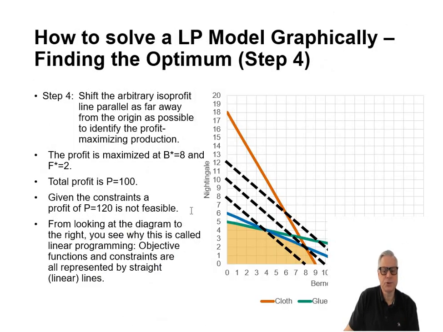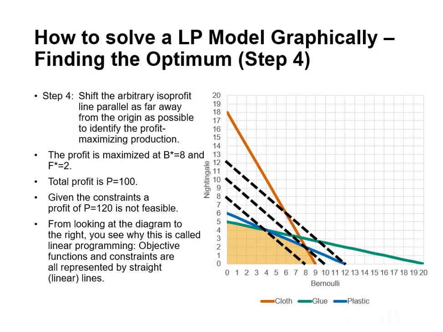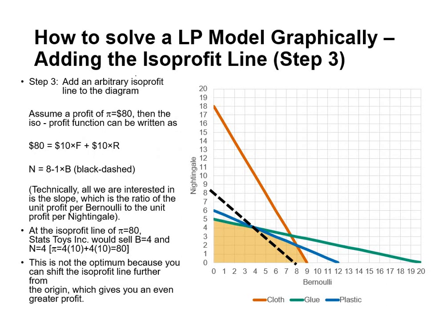Okay, that is also summarized on the next slide. So you see here alternative ISO profit lines, and actually I think I have it already, I skipped the slide. So here you can see I have derived the ISO profit line for a profit of 80, which is here.